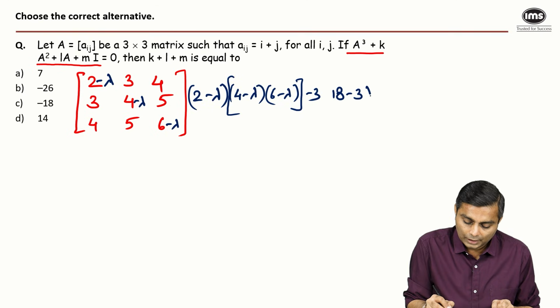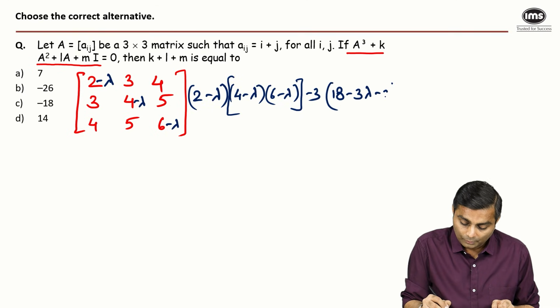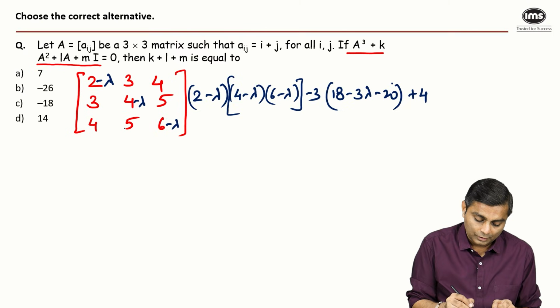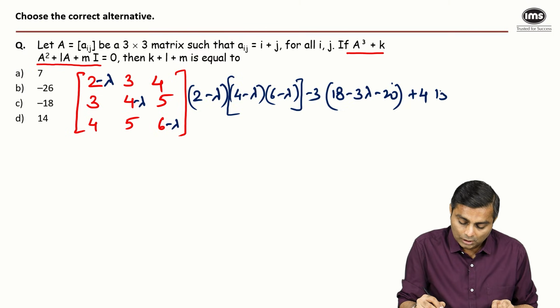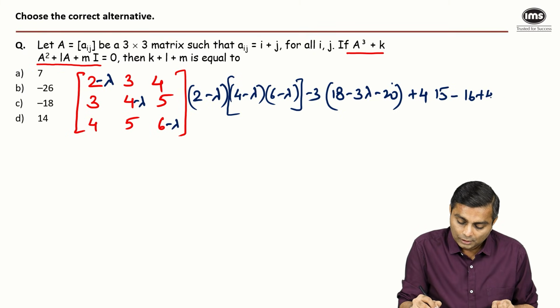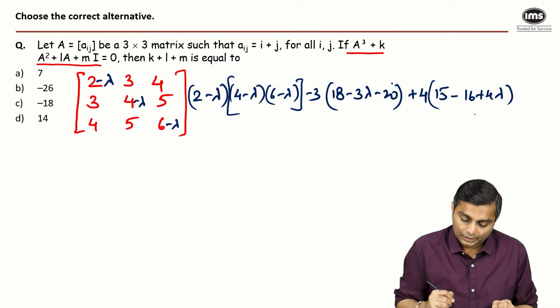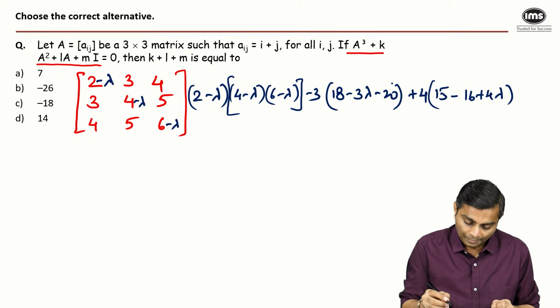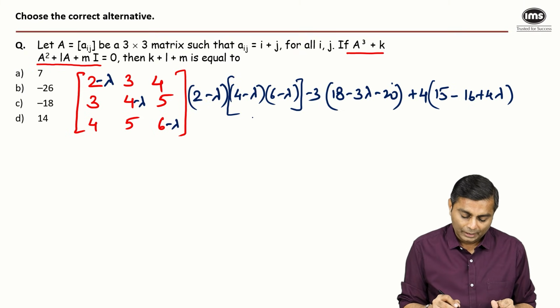Then minus 20 plus 4 times 15 minus 4 into 4 is 16 and minus 4 into minus lambda is plus 4 lambda. I hope I have got it right, but anyway, let's just quickly multiply in the bracket.